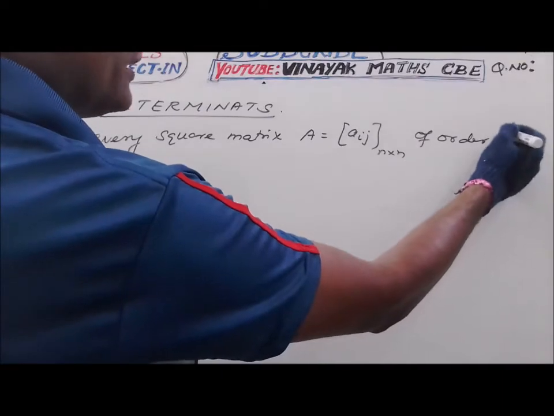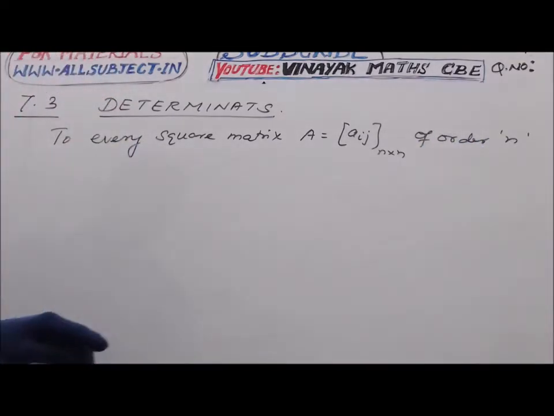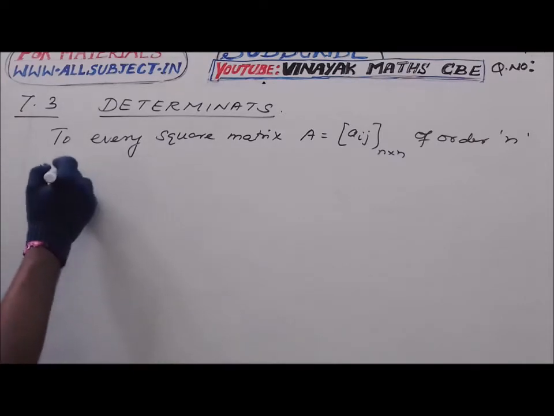For every square matrix A of order n, we can associate a number.